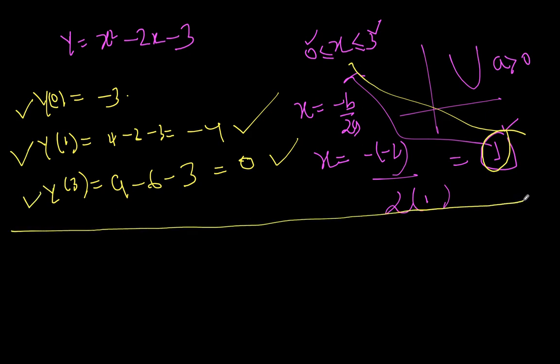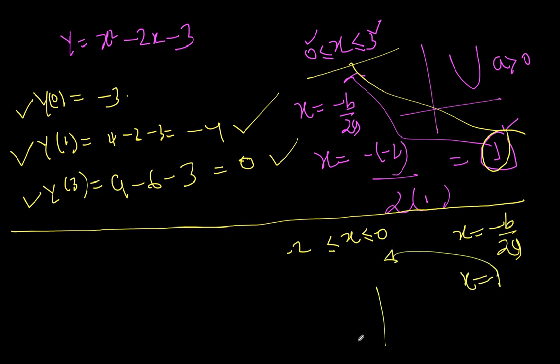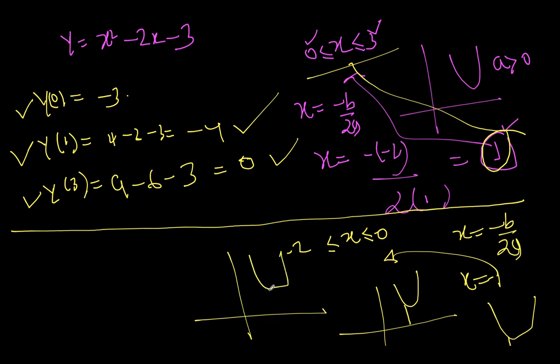Let's take another domain. What will you do if your x is in between minus 2 and 0? First try to find minus b upon 2a, and we have already found that it is 1, which is not inside this domain. So this might be like this: here you have 0, and here you have minus 2.